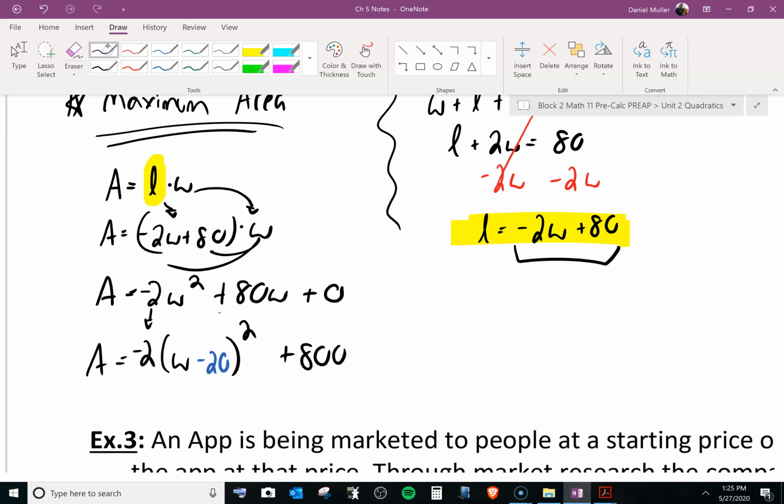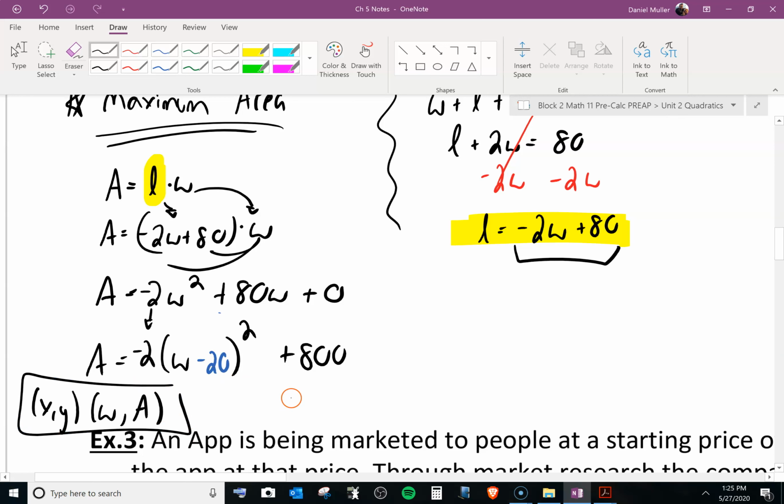Now that I've completed the square, normally you'd have x comma y, but I don't have x comma y in this. My y usually, y equals, my y is A. And normally my equation has x's in it, but here I have w's. So keep that in mind, okay?